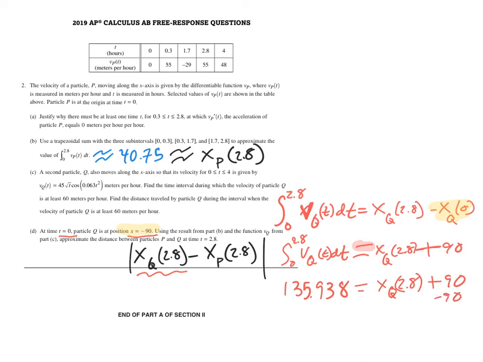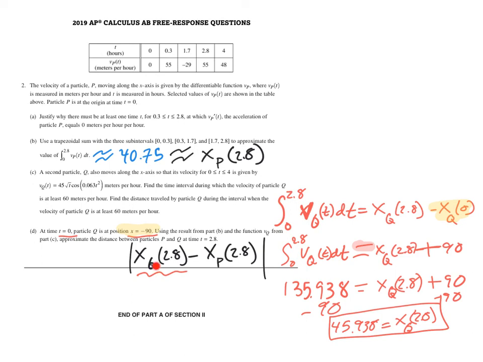So I'm going to subtract 90 from both sides. So if I subtract 90 from 135.938, I get that the position of particle Q at 2.8 is 45.938.